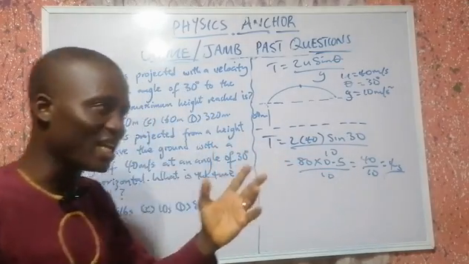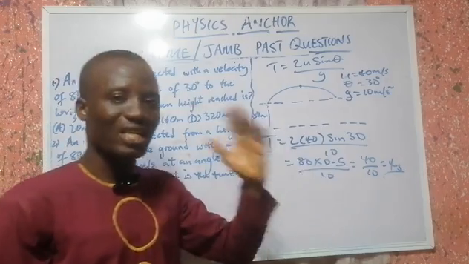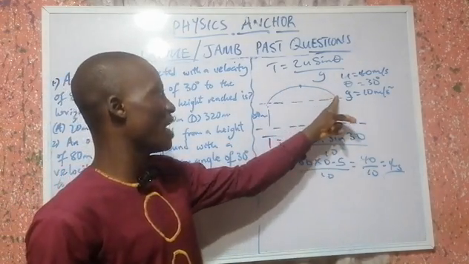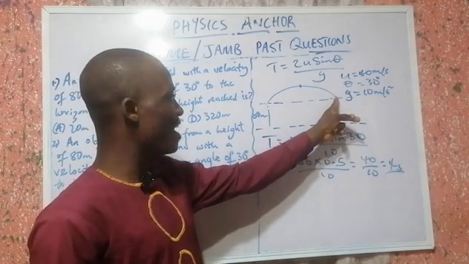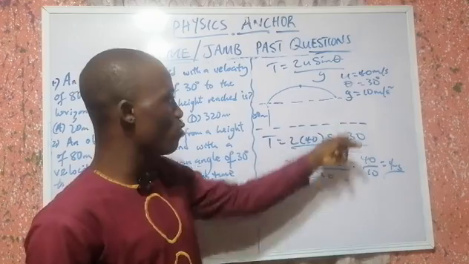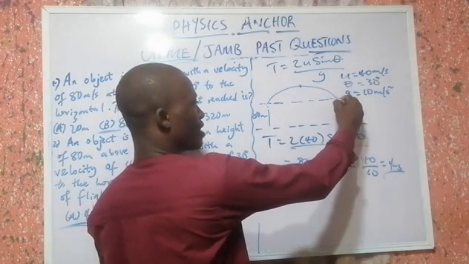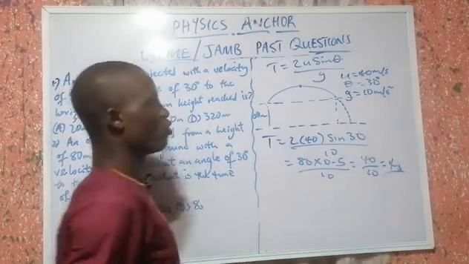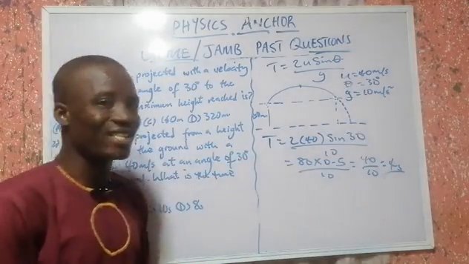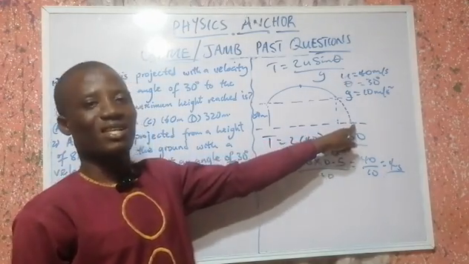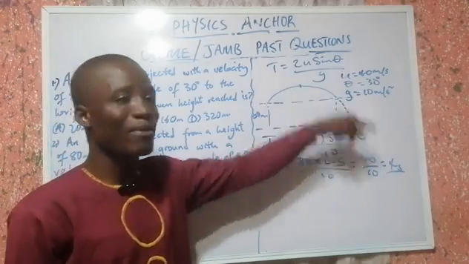If you hear a question like that, it means you will calculate the total time for the projectile to move to the ground. But in this case, they are not asking you the time it will take the projectile to touch the ground. They are simply asking you the total time of flight.